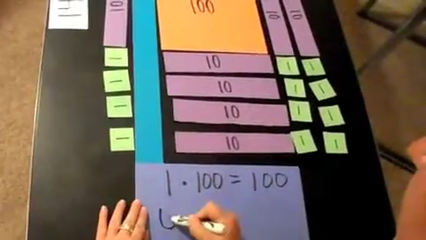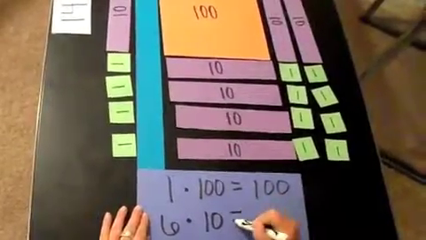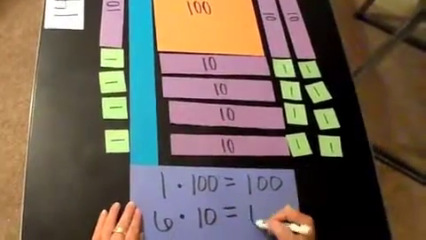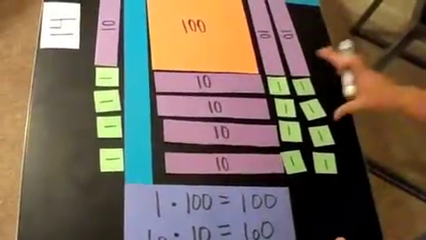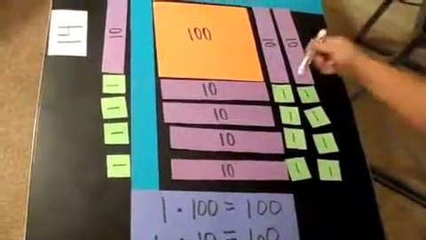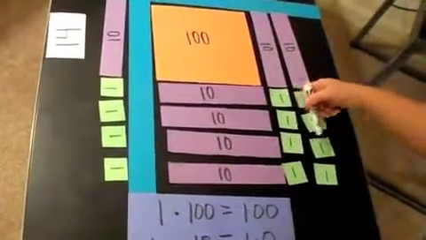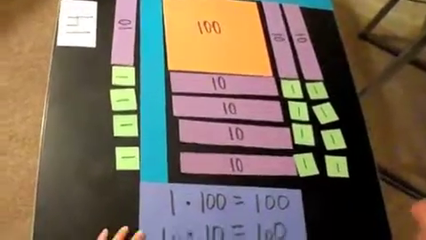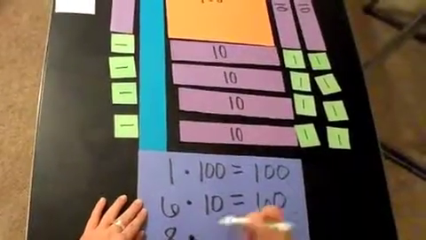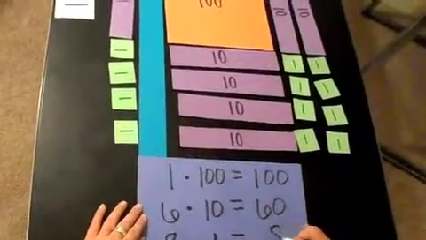So we had 6 10 base blocks, which 6 times 10 equals 60. Now let's add up together our 1 unit blocks. 1, 2, 3, 4, 5, 6, 7, 8. So we had 8 times 1 unit blocks, which equals 8.